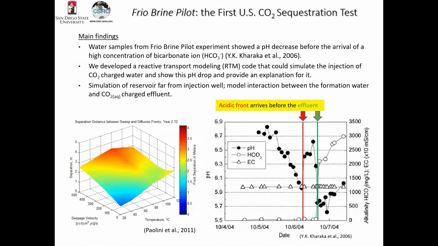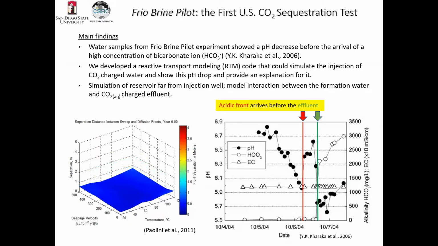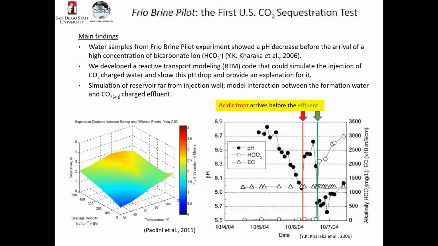This is the bicarbonate, and the bicarbonate sort of marks where the bulk injectant is. You can see at this period of time, where the green line is, your bicarbonate concentration ramps up. So that's where I claim the bulk has arrived. First this acidic portion arrives, then a time later the bulk of the injectant arrives, marked by the bicarbonate concentration.